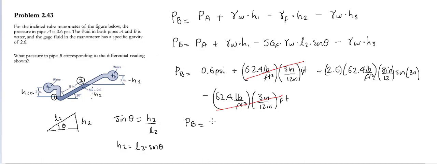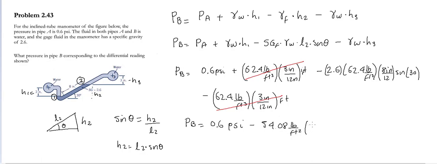PB is equal to 0.6 psi. And then this number becomes negative 54.08. And this is pounds per feet square. Once again, we cannot add these two figures because they do not have the same units. So we're going to convert into a PSI.